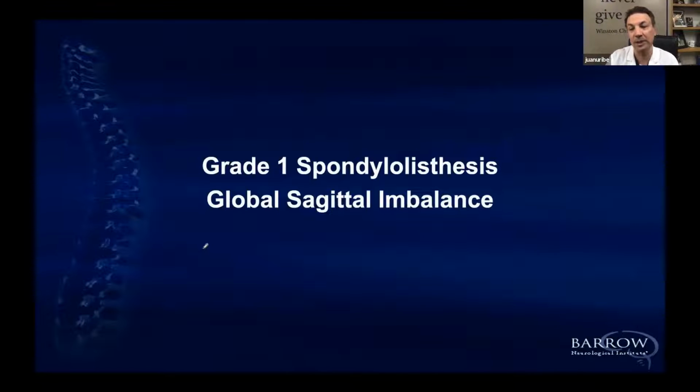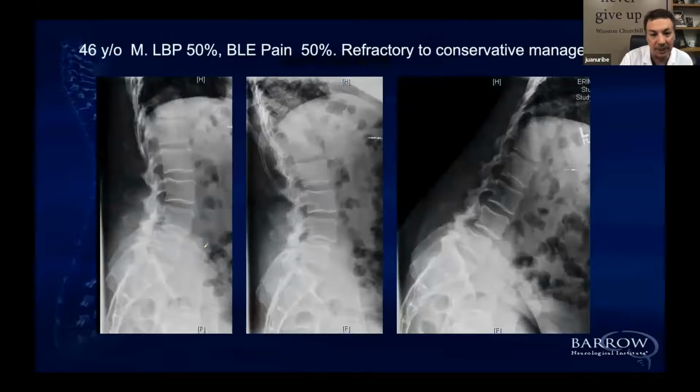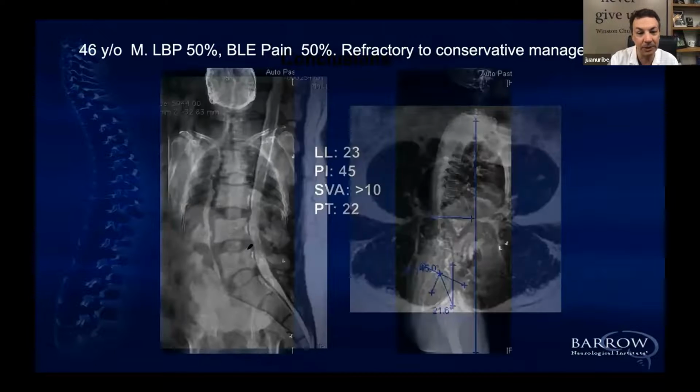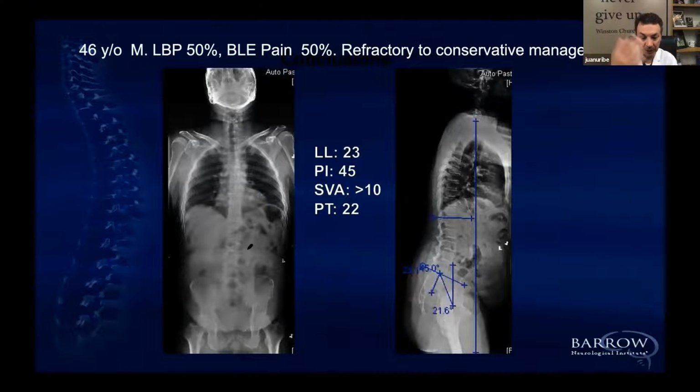I'm going to show you another good example, actually the other way around. This is a patient of mine, grade 1 spondy, moving on flexion extension at 4-5. And this is the MRI, which reduces 100%. Then when we got the 3-foot standings, take a look at how crazy the numbers are on this patient.